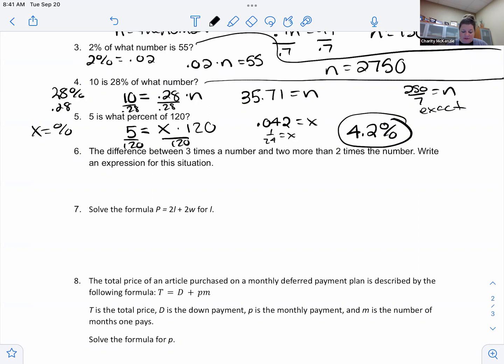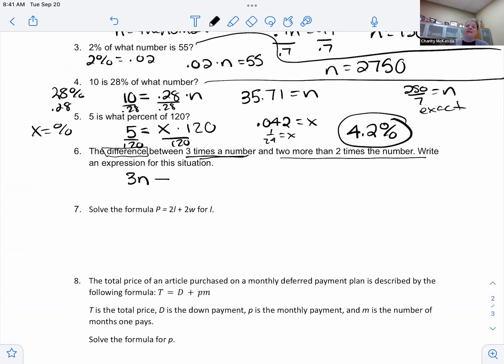The difference between 3 times a number. How do I write 3 times a number? 3n. So we'll start there. 3n. Okay, and that's 3 times the number. And we want the difference between this and all of this. So we're going to write difference between those, right?